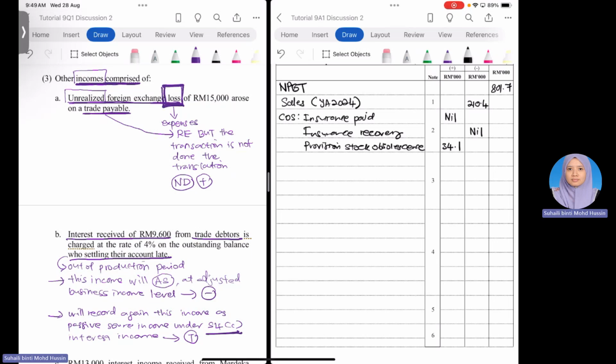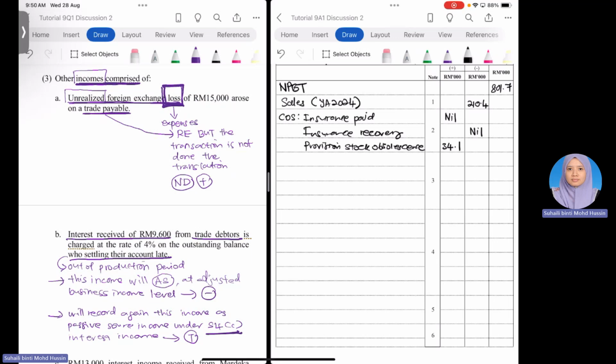You purchase the product or the material from your creditor on credit, so that's why it becomes trade payable. But your supplier or creditor is in another country, so it's related to foreign exchange. When you make the transaction, you get the loss.